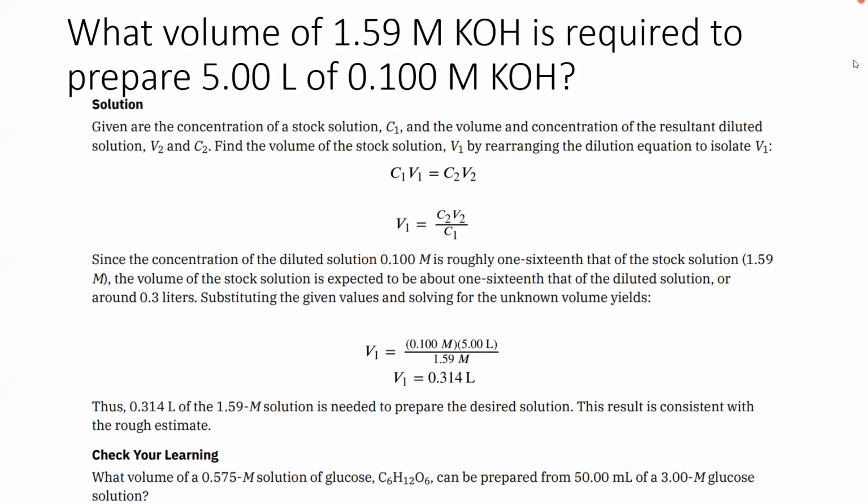And then with the bottom one here, what volume of a 0.575 molar solution of glucose can be prepared from 50 milliliters of a 3 molar glucose solution? So again, we're doing kind of the same thing.